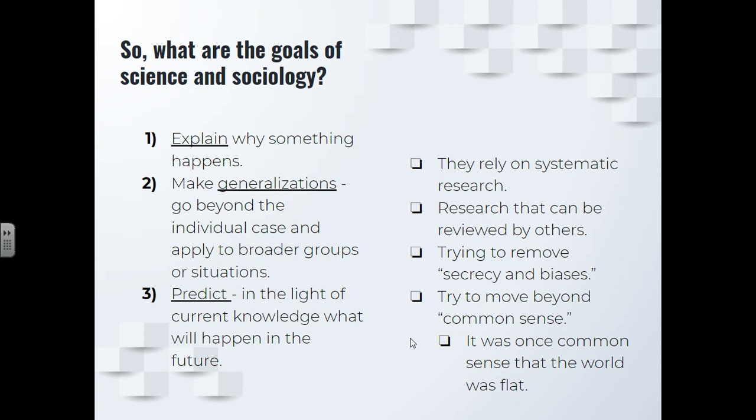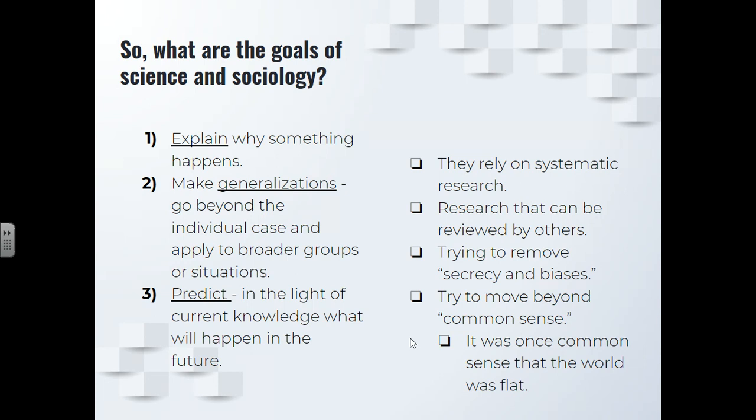For example, a sociologist wants to explain not only why Mary went to college or became an armed robber, but why people with her characteristics are more likely than others to either go to college or become a robber. So that's that idea of making generalizations about the group she belongs in, not just Mary or Billy in their situations.